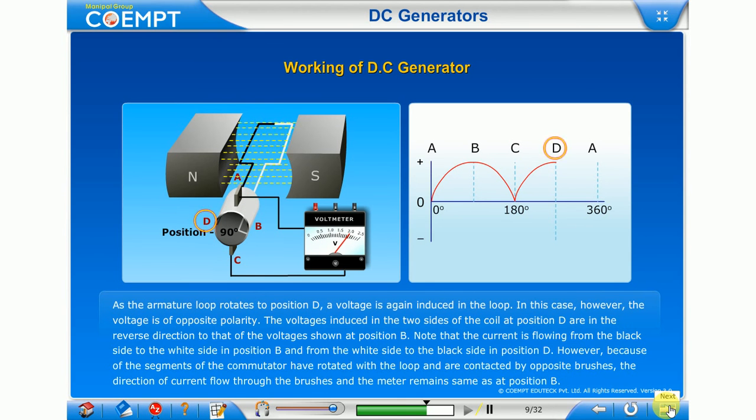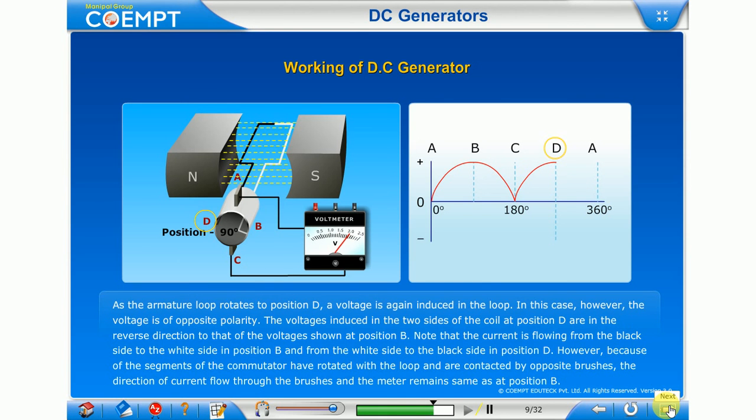Flux cut by one conductor in one revolution of the armature, d phi, is equal to P phi, measured in Webers. Time taken to complete one revolution, dt, is equal to 60 divided by N, measured in seconds.